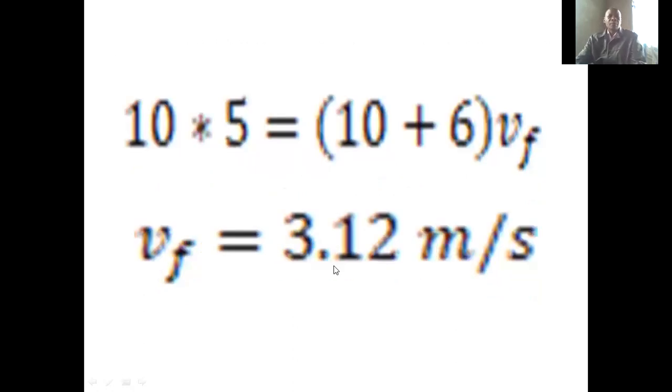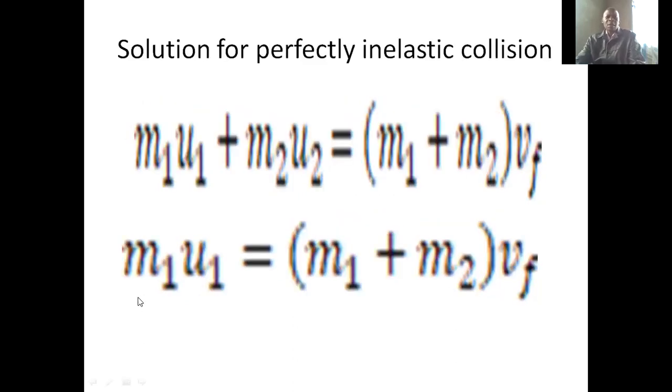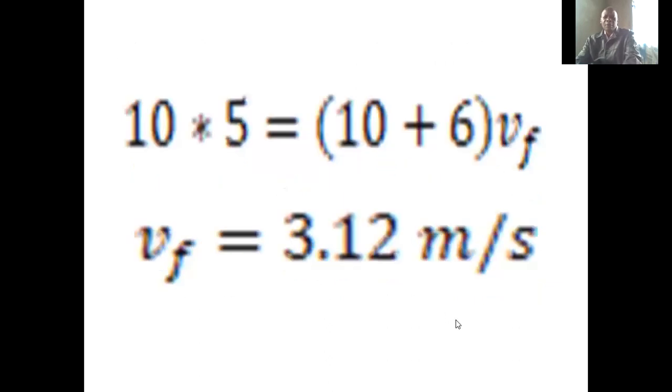And so we may now substitute what is applicable here. Mass 1 was 20 kg, multiplied by initial velocity 1 of 5 meters per second, which will be equal to the addition of the two masses multiplied by the common velocity.